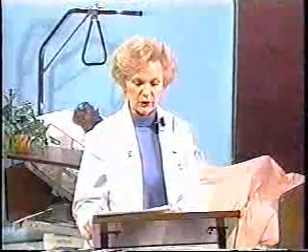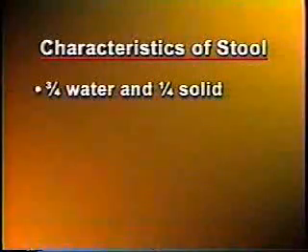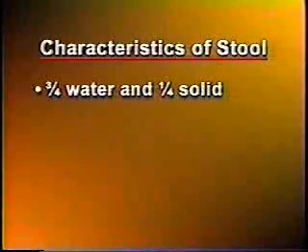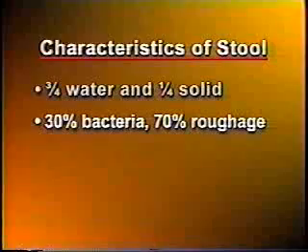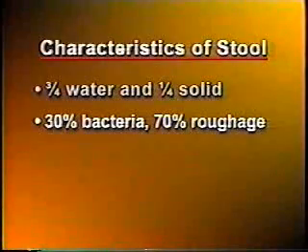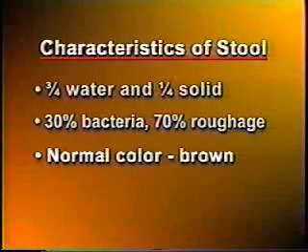There are some common characteristics of stool. First, stool is about 3/4 water and about 1/4 solid material. It's composed of about 30% dead bacteria and 70% undigested roughage. The normal color, as you know, of stool is brown.